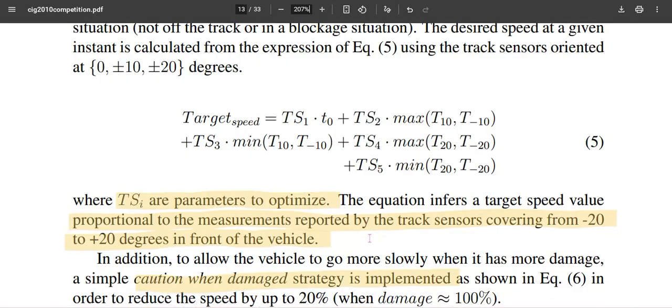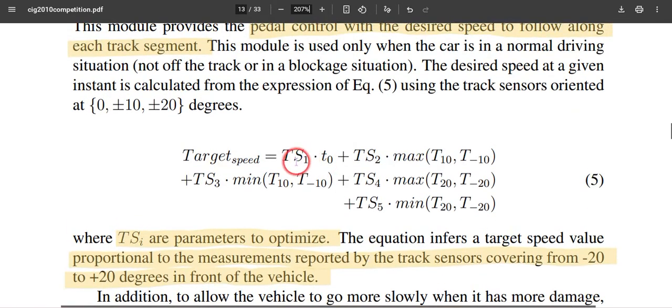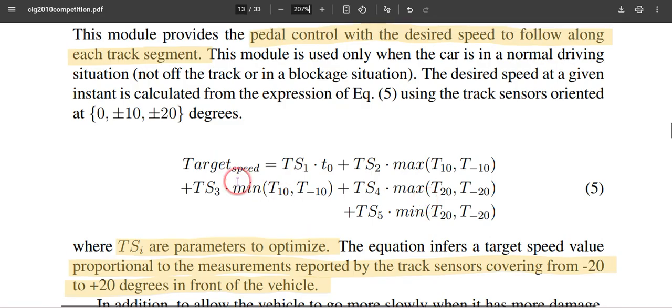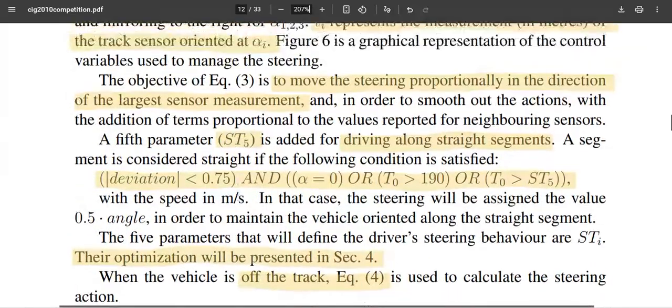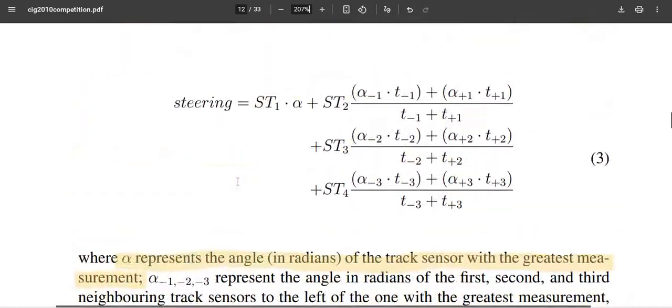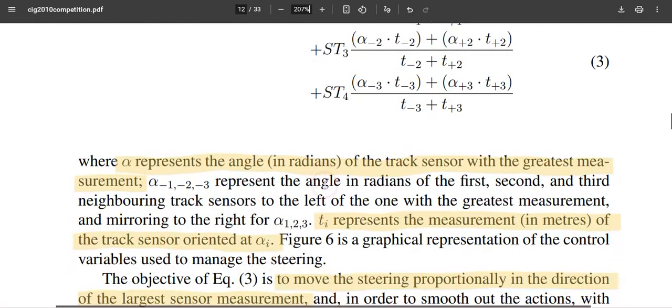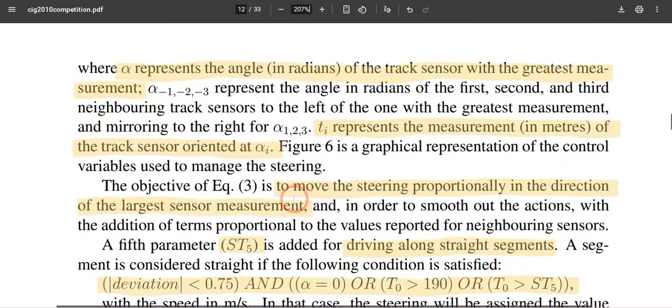So this value will give you an accuracy, and these values are utilized for the smoothing to have the proper target speed, as well as for the proper steering value. So equation three is something like to move the steering proportionally in the direction of the largest sensor measurements.